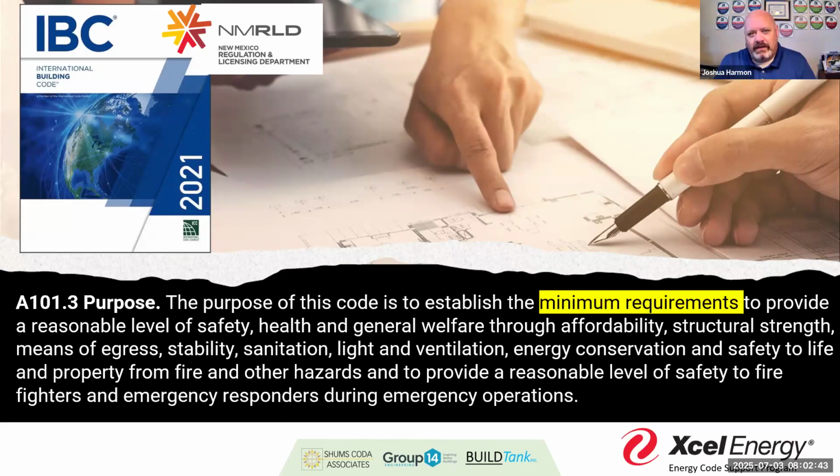It should provide a consistent level of expectations across the state. So whether I'm building in Clovis or Artesia, Las Cruces, or Albuquerque, I should have some general idea of how buildings would go together.